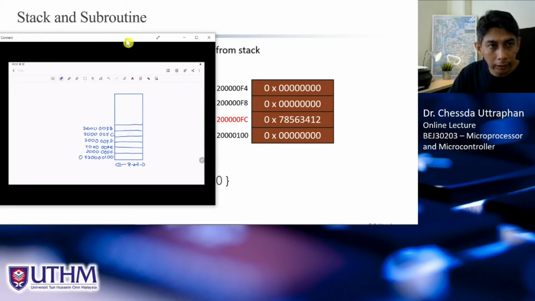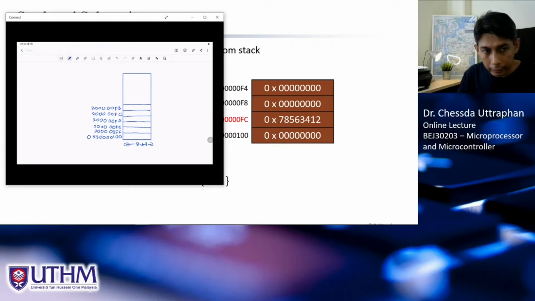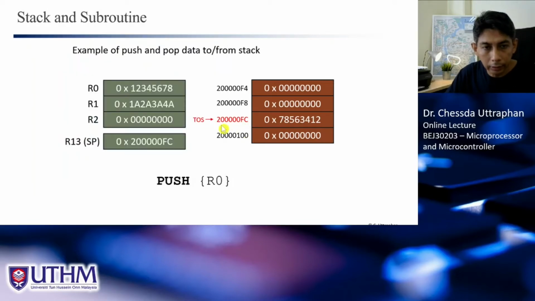In 8-bit, it should be like this: 1, 2, 3, 4, 5, 6, 7, 8. All 32 bits will be pushed into the memory like this, and the top of the stack is now here, 200000FC. That's why we have this 200000FC as the top of the stack when we push R0 into the stack, right?